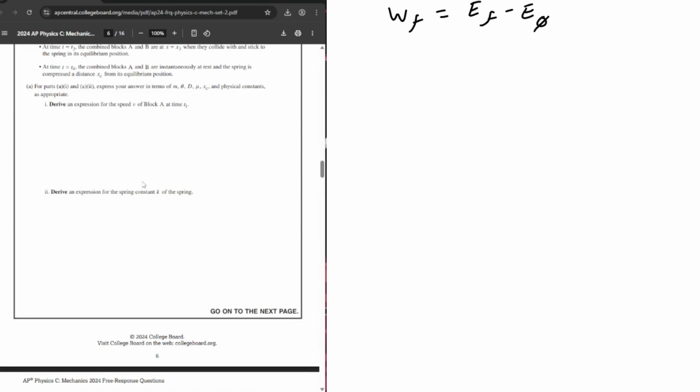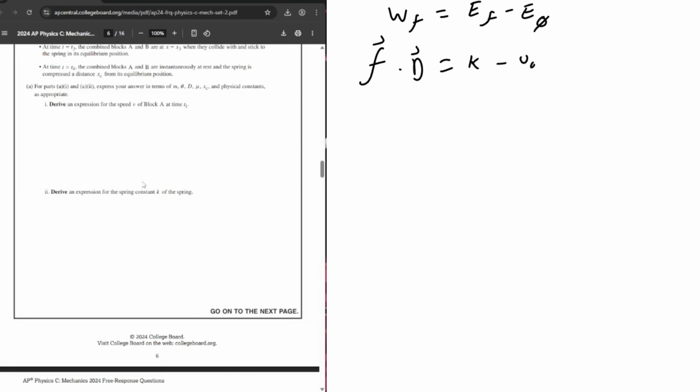So friction work is a dot product, so I'm going to write F dot d. That's the dot product because work is force times distance, and the distance over which friction is applied is that distance d. And let's think about the energies. Well, what's the final energy? The final energy is kinetic energy. And what's the initial energy? The initial energy is gravitational potential energy.